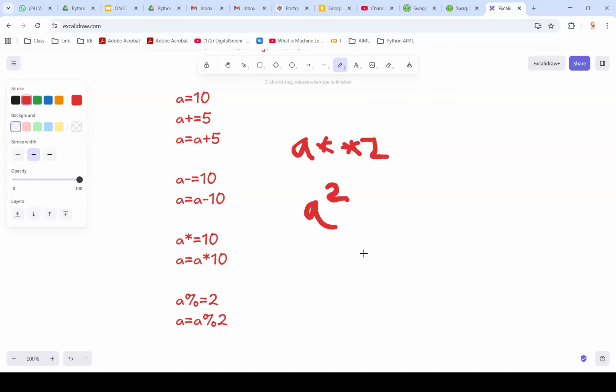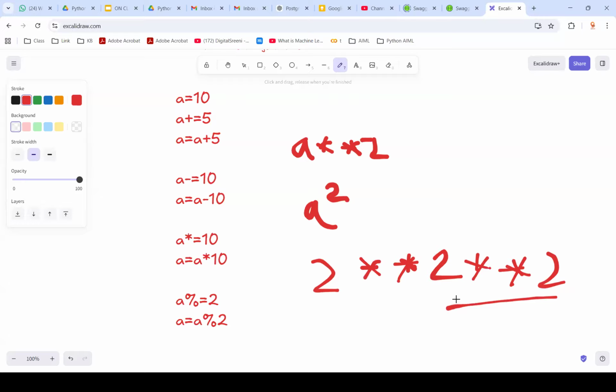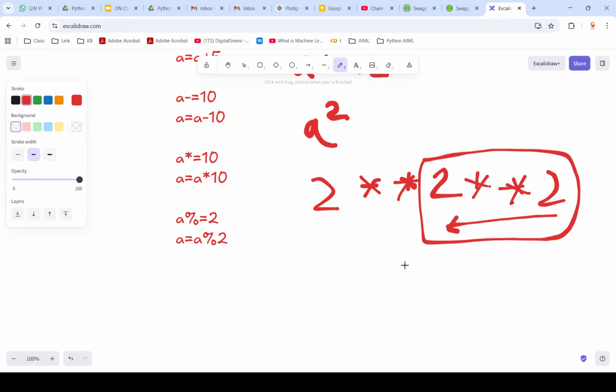Now here what I have written is 2 star star 2 star star 2. If you try to solve this, first of all, what will be the answer of 2 star star 2? 4.